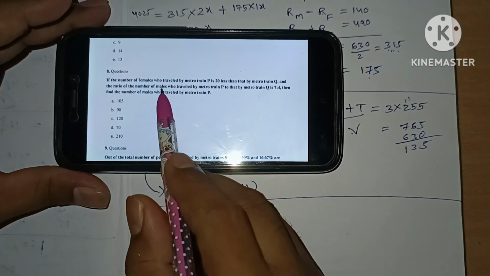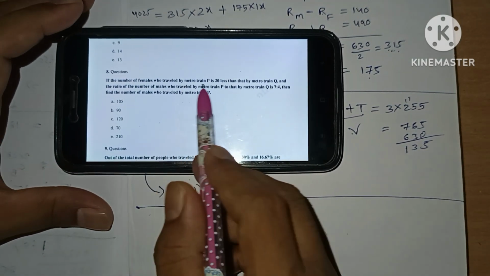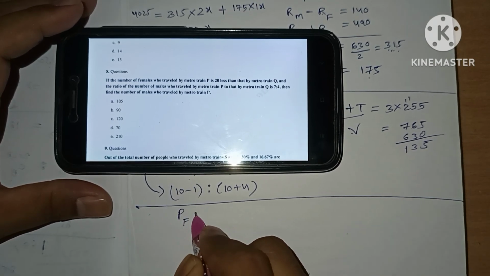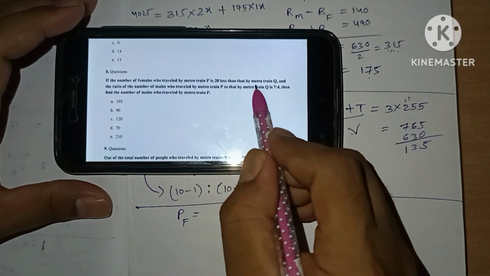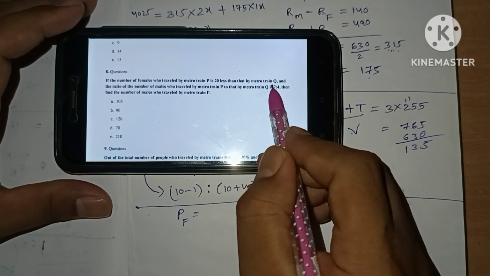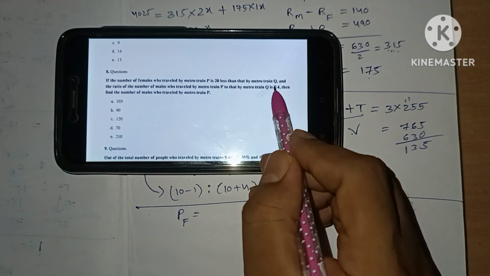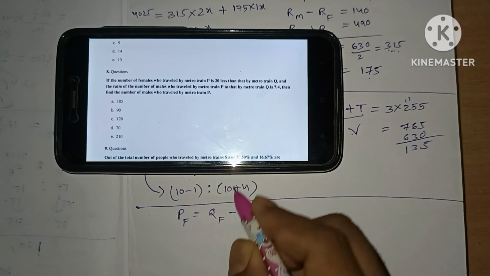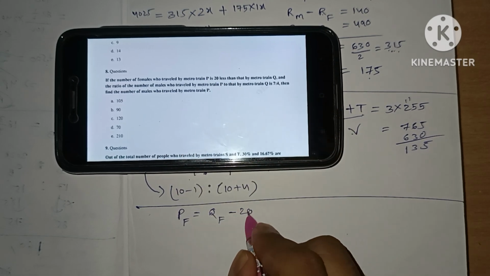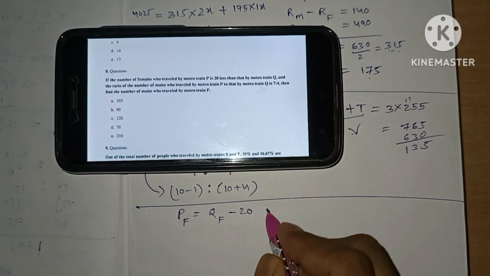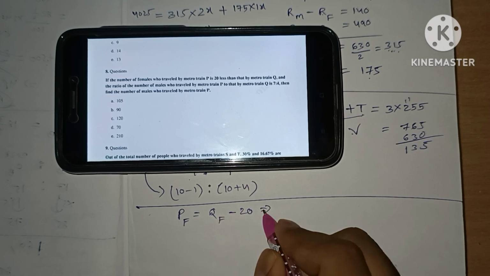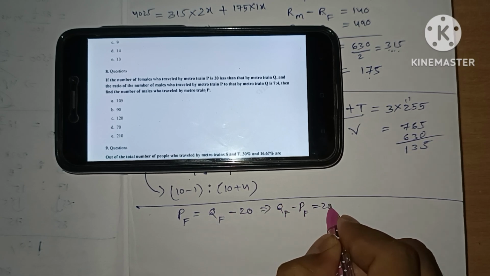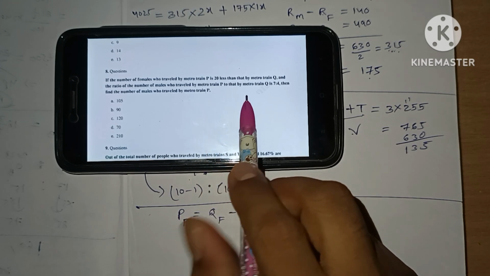The number of females who traveled by metro train P is 20 less than the number of metro train Q. So metro train Q females is 20 more. According to this we can write QF minus PF equals 20. Okay, next one.